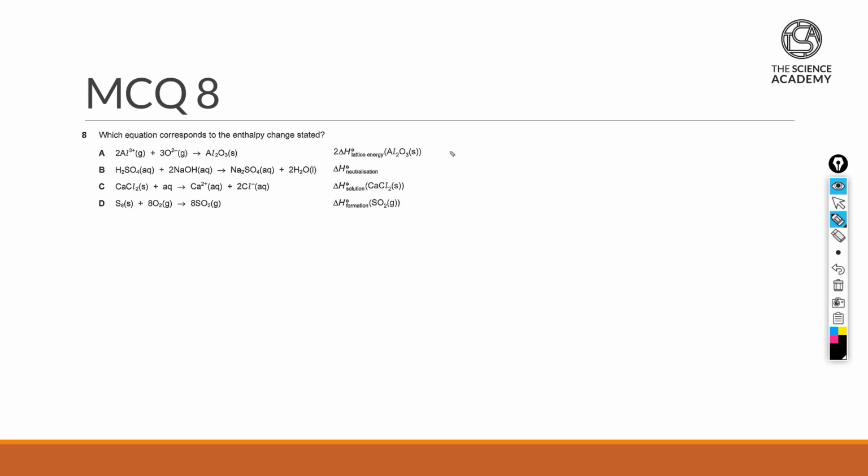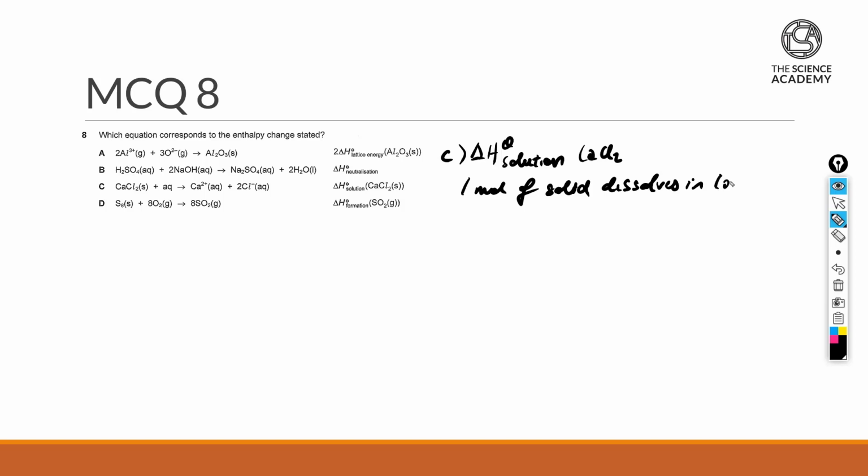Now take a look at part C here. We're looking for standard enthalpy of solution of calcium chloride, and by definition this is where 1 mole of solid dissolves in large excess of solvent.